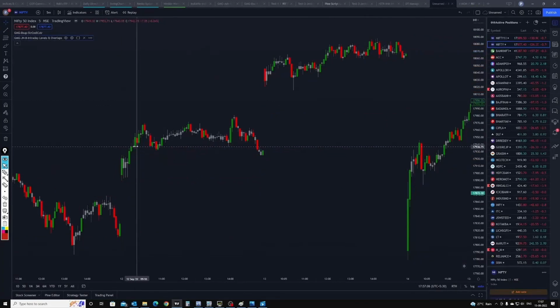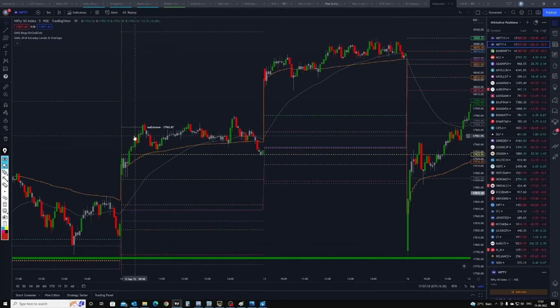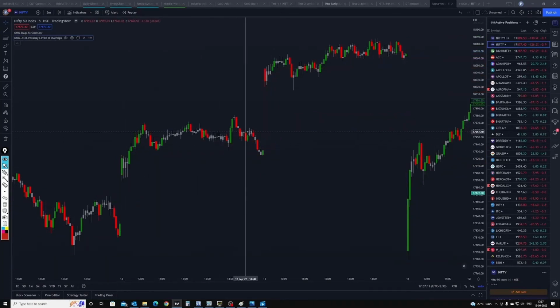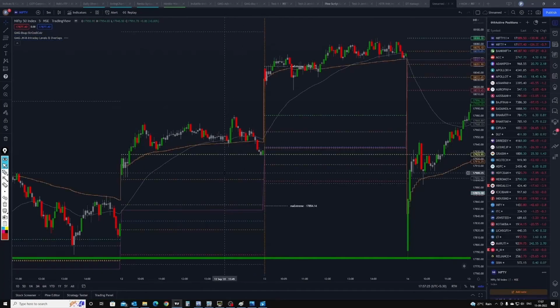For example, we place this on the first bar of the day. It is telling us that the moving average extreme is over here. Next day also, if you place it on the first bar of the day, it is telling you that it is at the exhaustion limit. So price may not go much beyond this level.